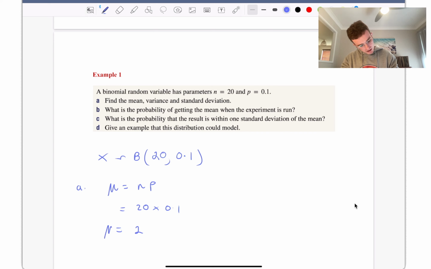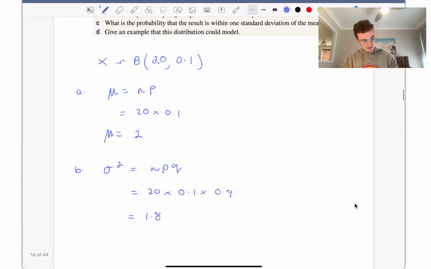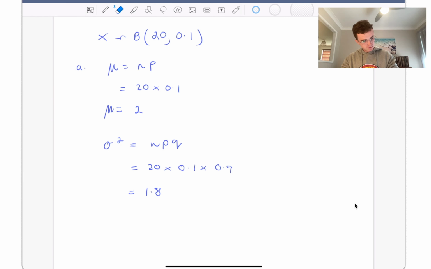So the expected value of this distribution is 2. The variance, which is sigma squared, is npq, which is 20 times p, 0.1, times the probability of failure, 0.9, which gives 1.8, and the standard deviation is just the square root of 1.8, which is 1.342.